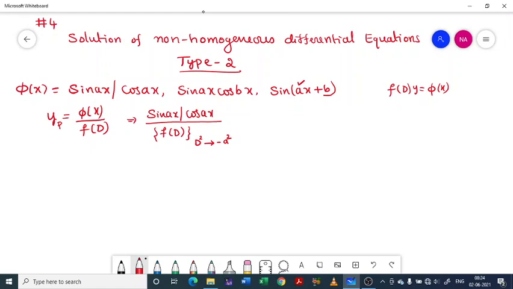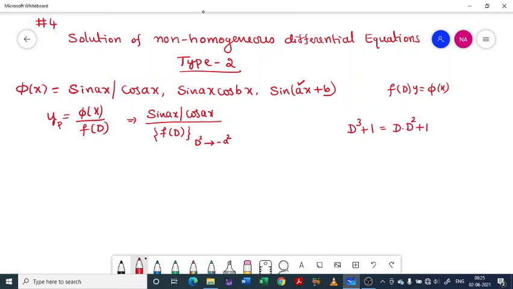So for that purpose, you have to do one thing. Try to write the terms of that polynomial involving D square. So what I am going to explain you is, suppose you have this polynomial D cube plus 1. So try to write this as D into D square plus 1.